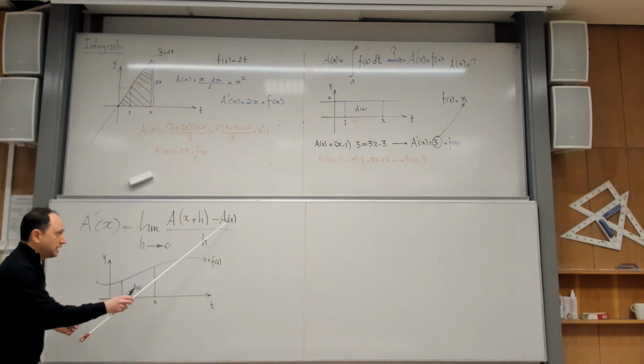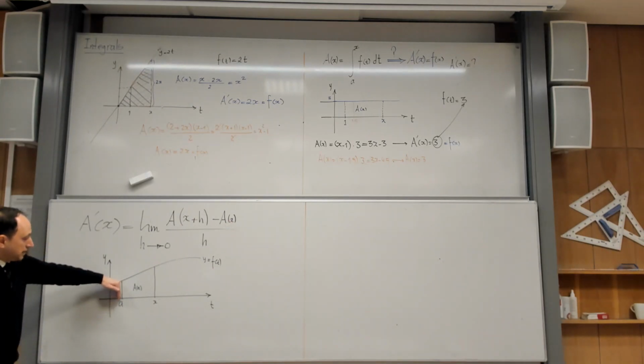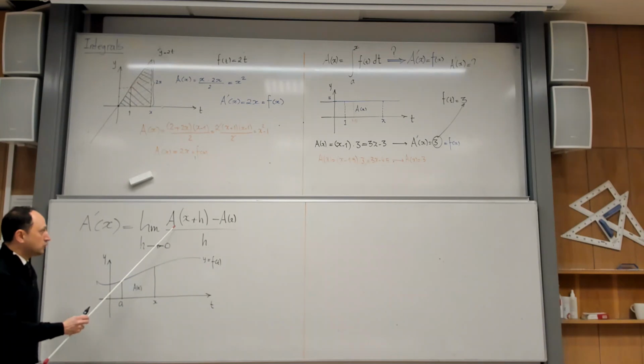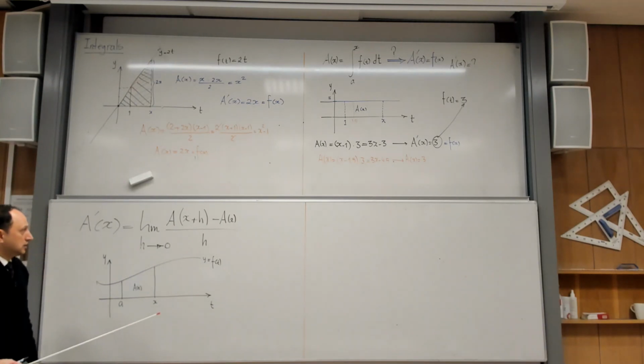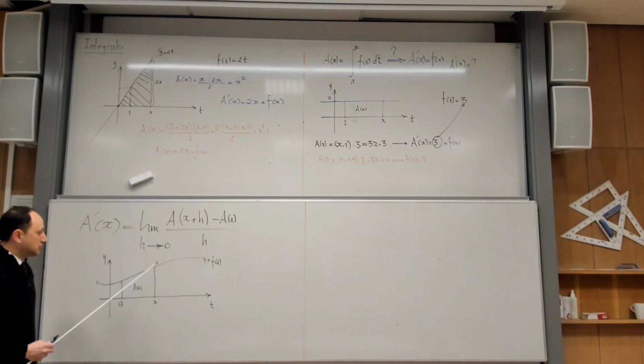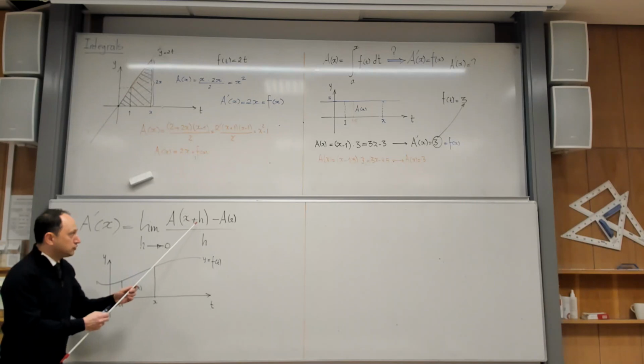So when I say A of x, it means that I have the beginning point, say, at a, fixed, and the right point, I consider it x. Now I am asking you the same question for this quantity. This refers to the same thing, but the right-hand side vertical line has moved to x plus h.